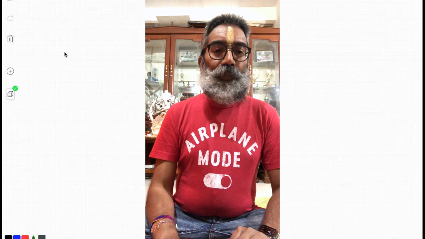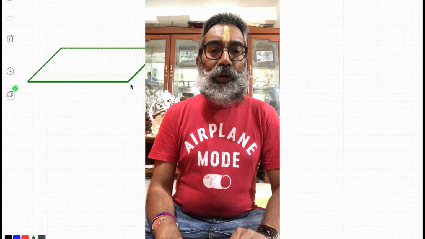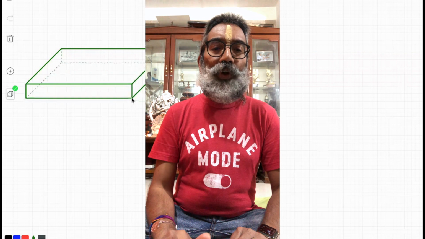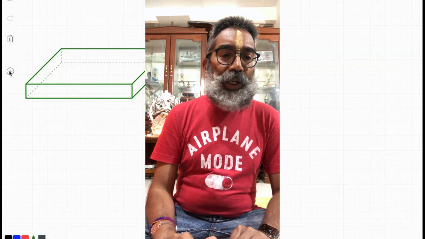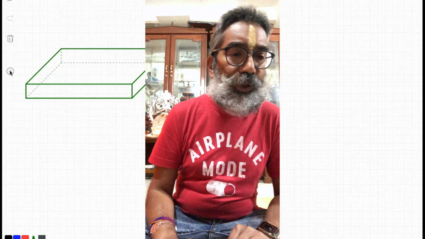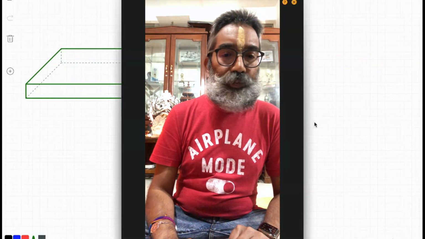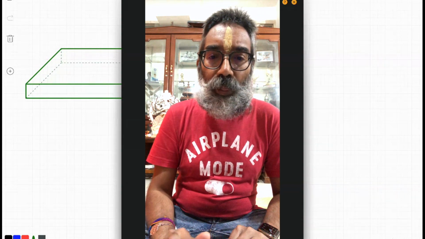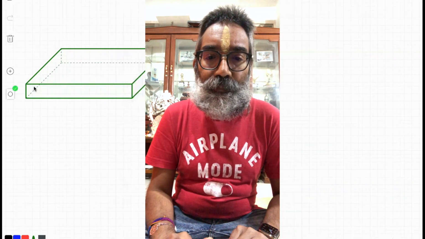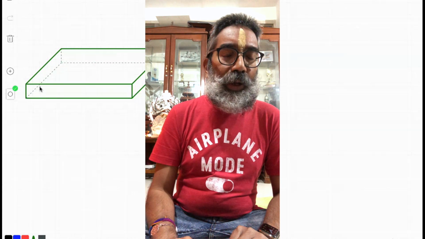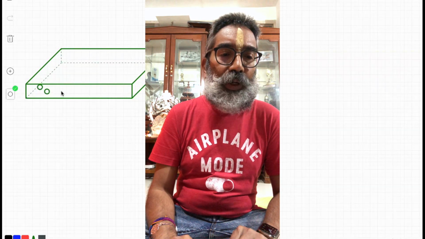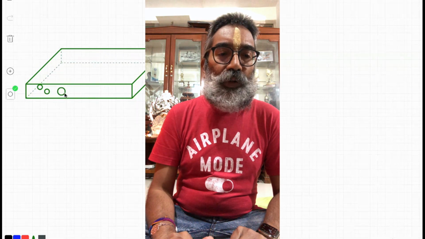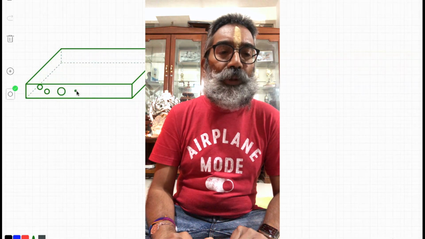So now we consider, let's say, a layer of composite, like this. And now let's say we have a few fibers in it. Unlike the picture that I showed where I showed elliptical fibers, let's say we have some circular fibers in this.